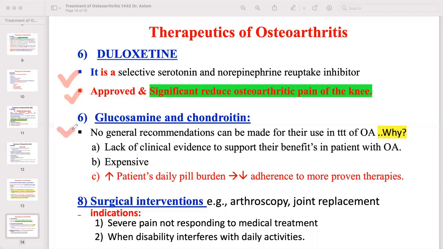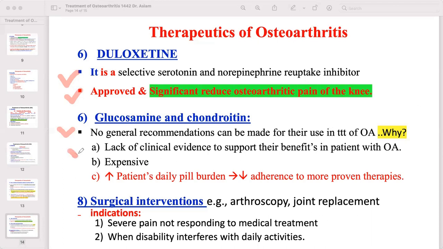Next therapy includes glucosamine and chondroitin. No general recommendations can be made for the use of glucosamine and chondroitin in the treatment of osteoarthritis. Why?